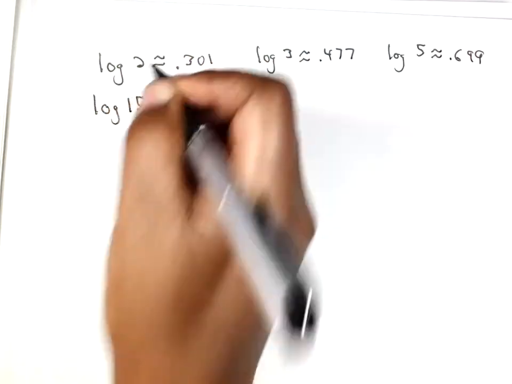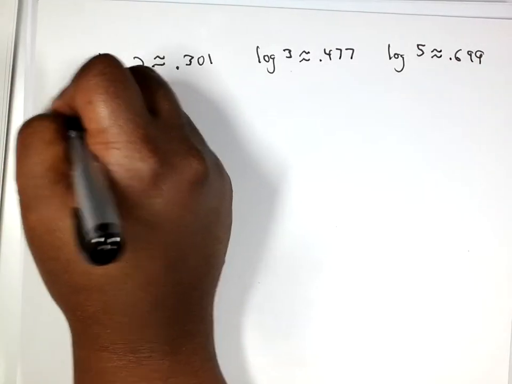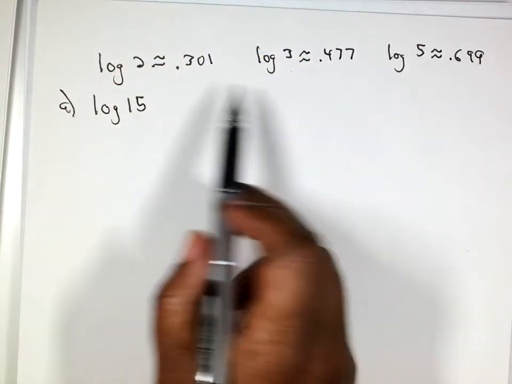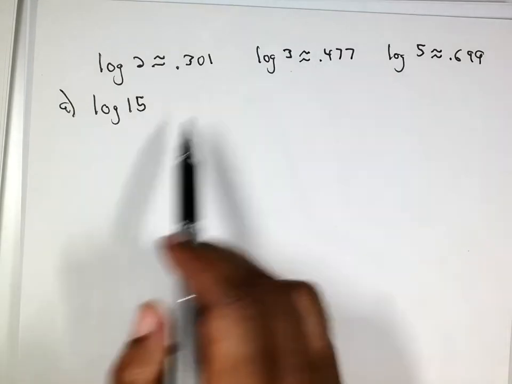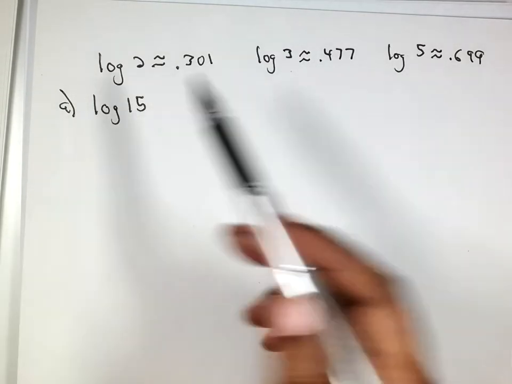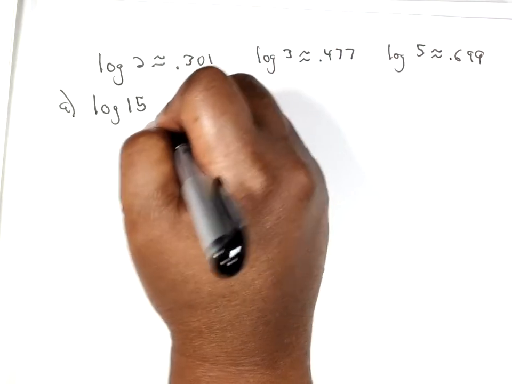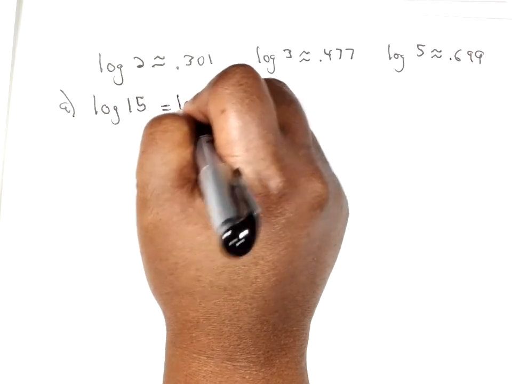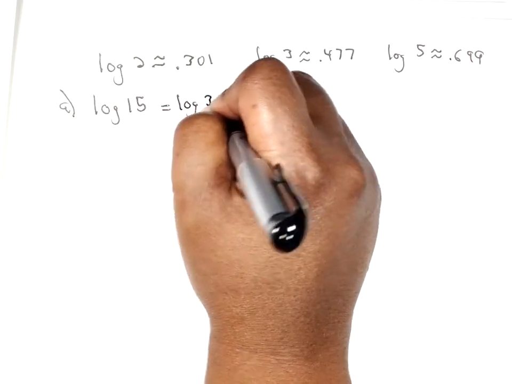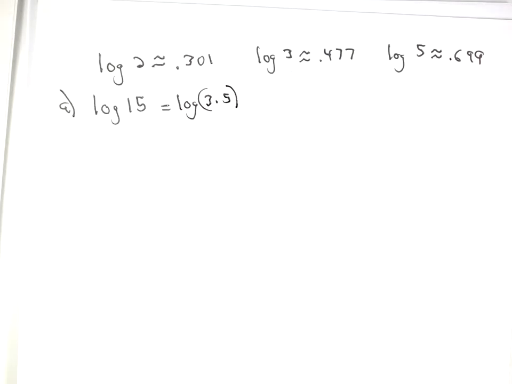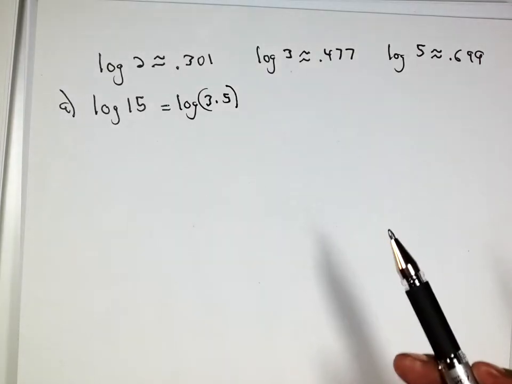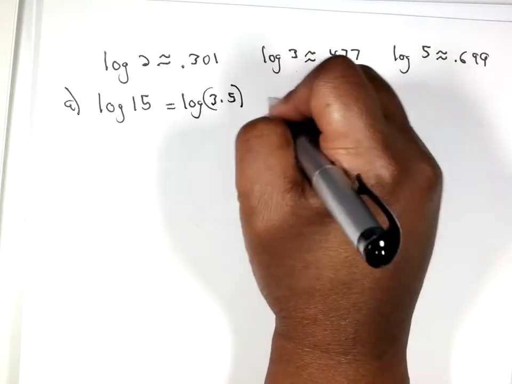So log of 15 is the first one. Well, these are the only things that I know, right? So log of 15, I have to rewrite it using what's given. So I'm going to rewrite it as log of 3 times 5. And then I can do my expansion. That multiplication becomes an addition.